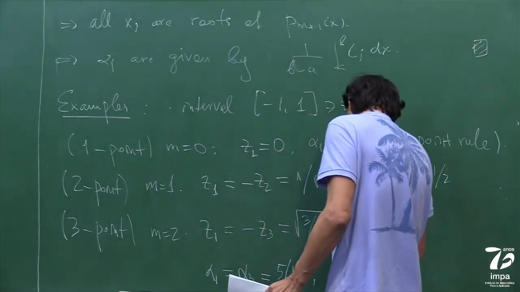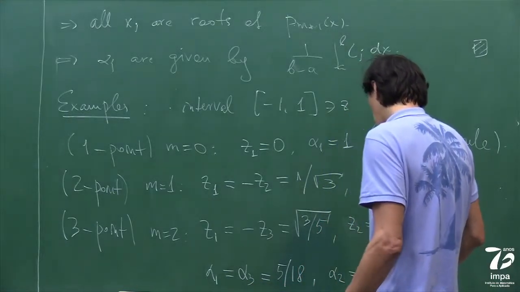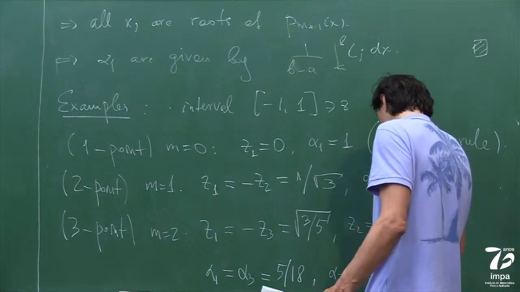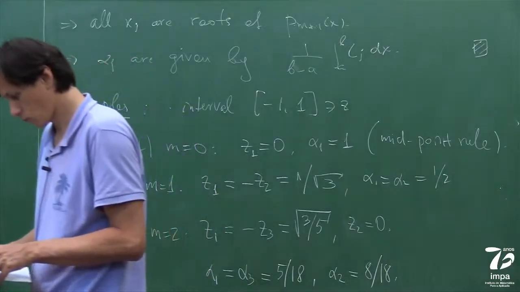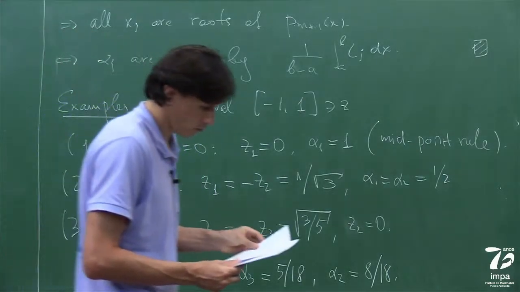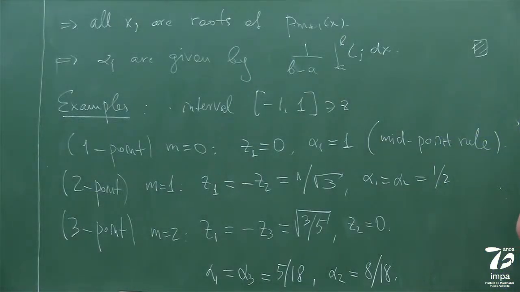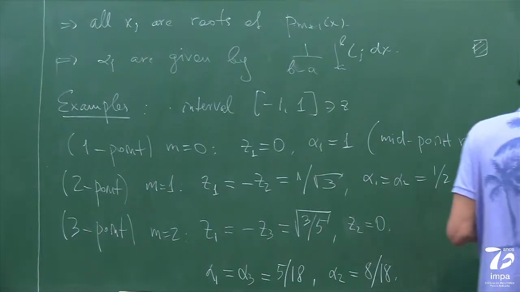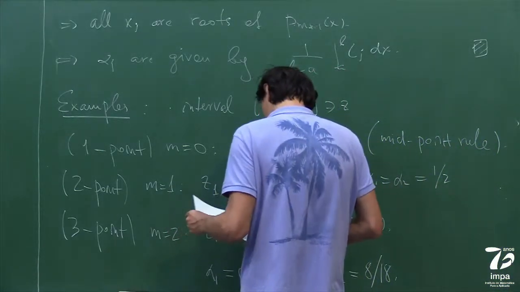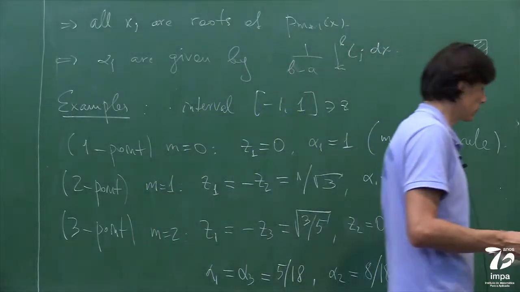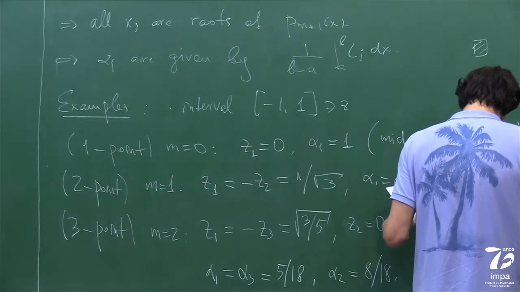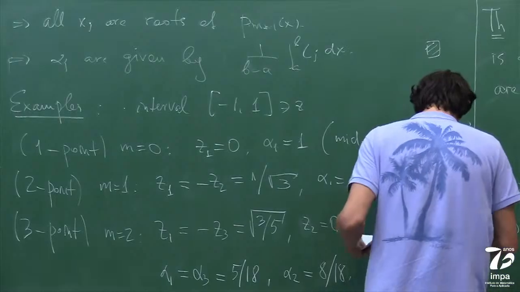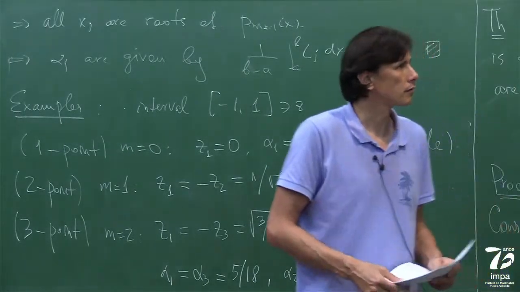And the middle coefficient should just sum up to unity, so it is 8 over 18. Let's finalize it and then we'll take a small break. Yeah, okay, small break. We're back.